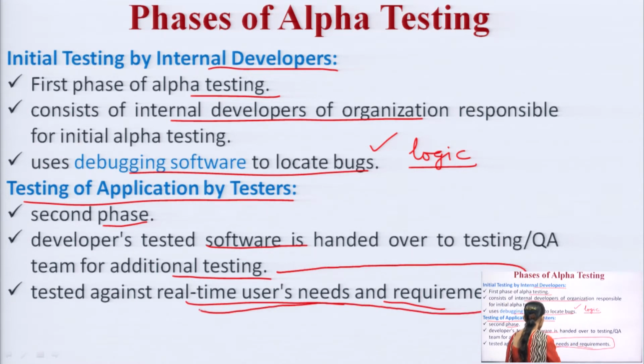Those needs and requirements are known to the tester, and they are now going to bombard the software application with them to know its behavior, whether it is handling negative values, whether it is handling real time values or not.